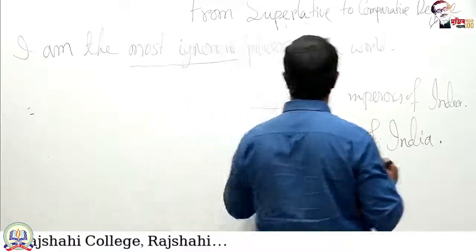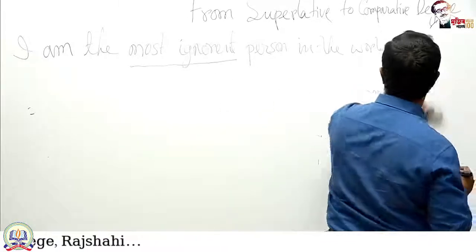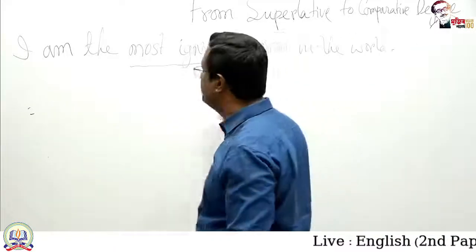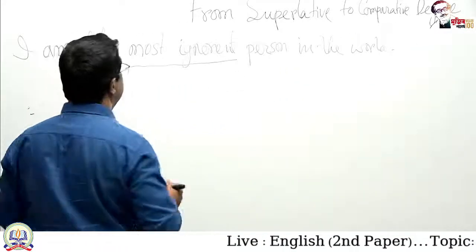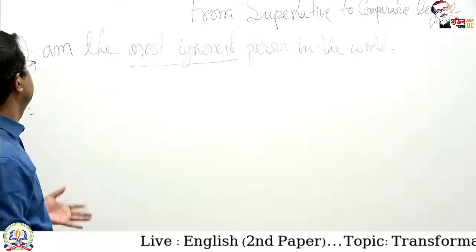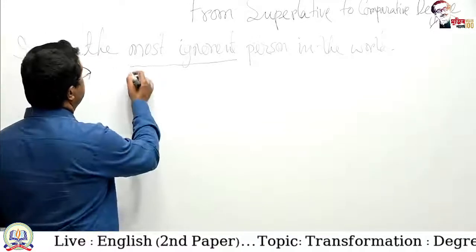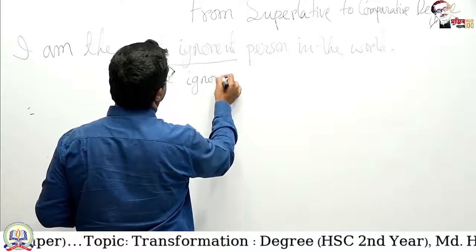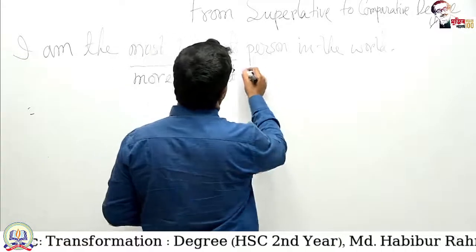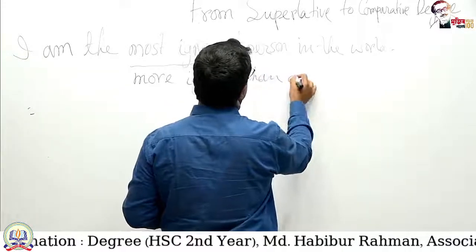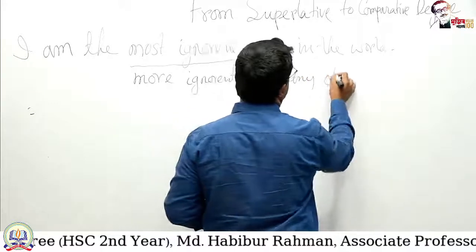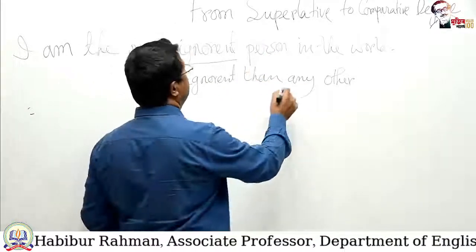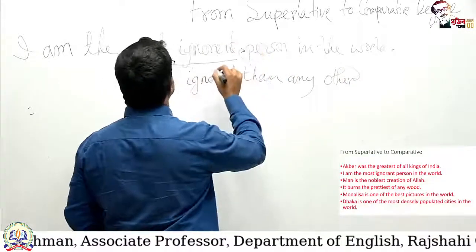And in comparative, this will be more ignorant. Most ignorant in comparative form, it will be more ignorant than any other person. I am more ignorant than any other person in the world.